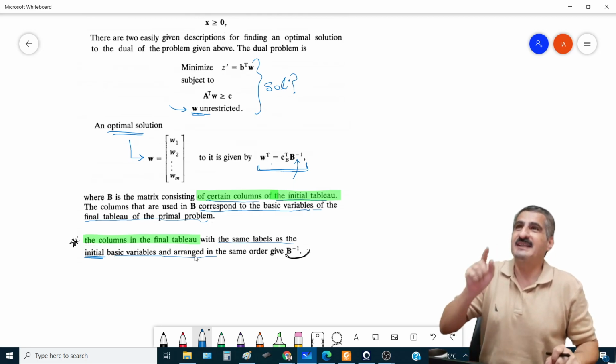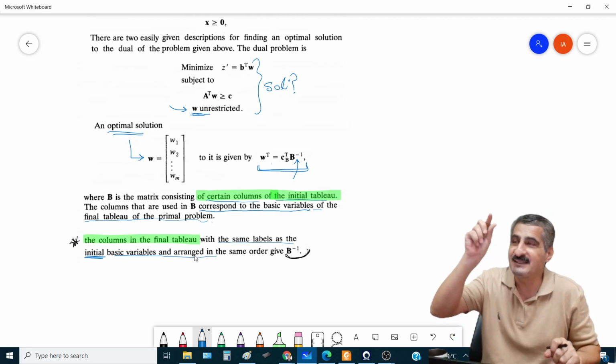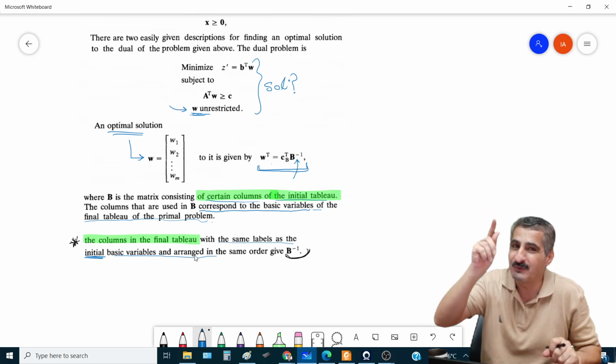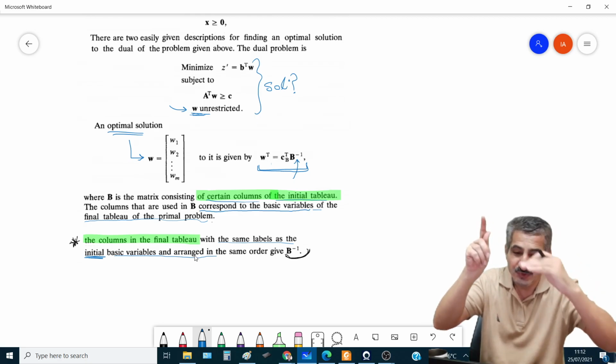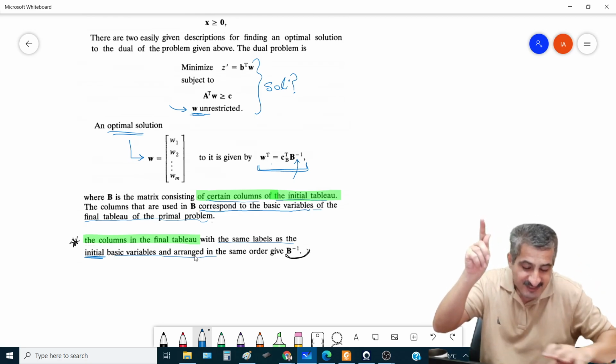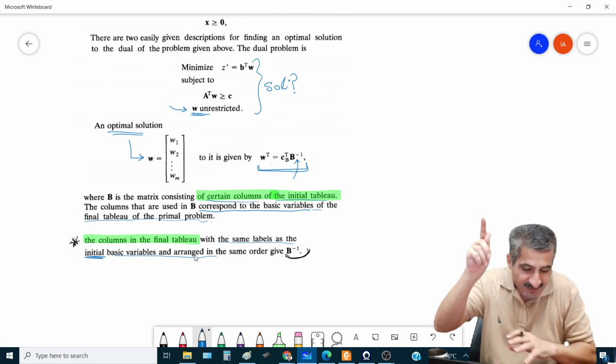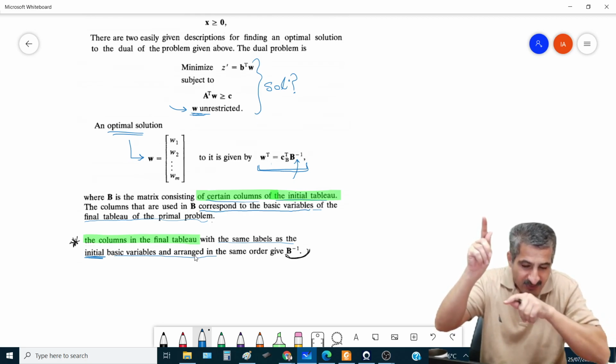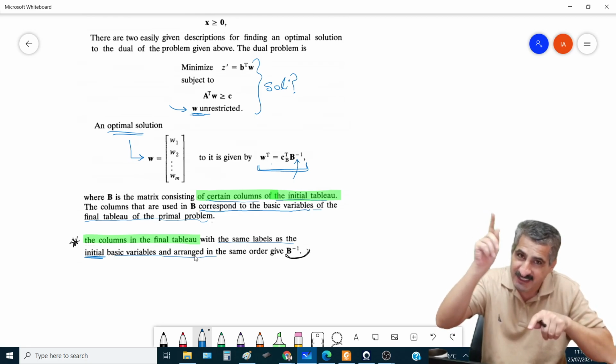We look at the initial table and see what the basic variables were there, and we will know what they are, right? So put them in hand. Now do the work till you get the final table. Now in the final table, look at the top row and find out the basic variables you have here.